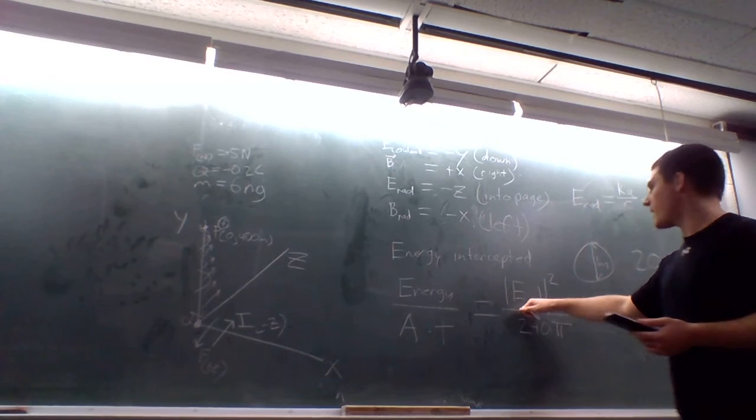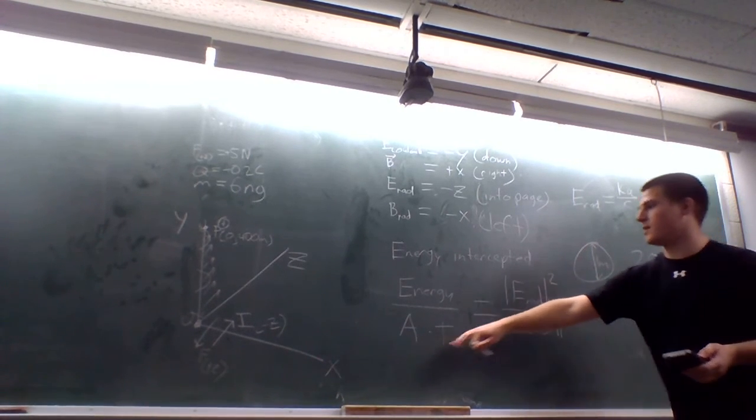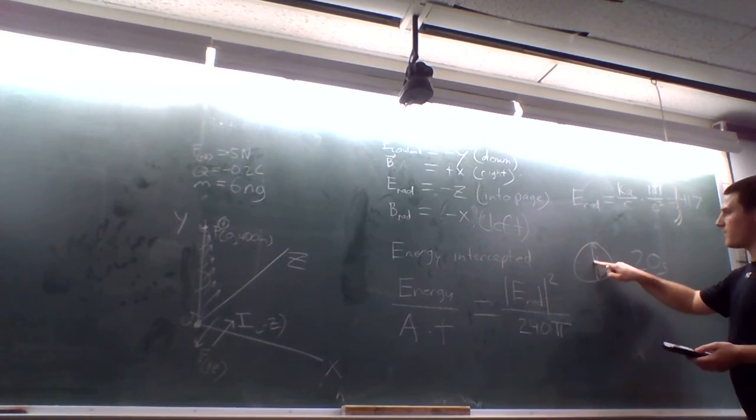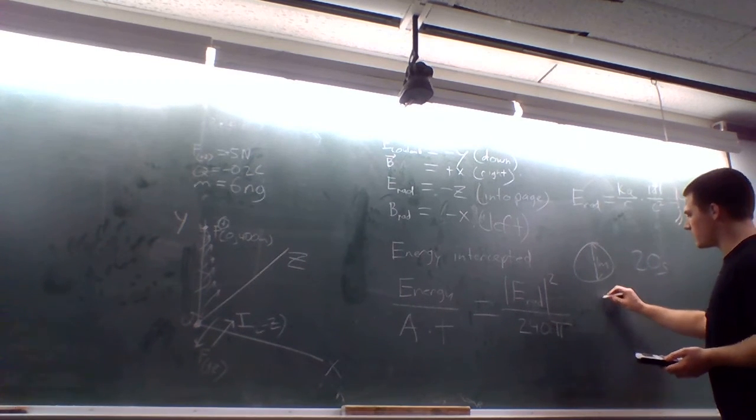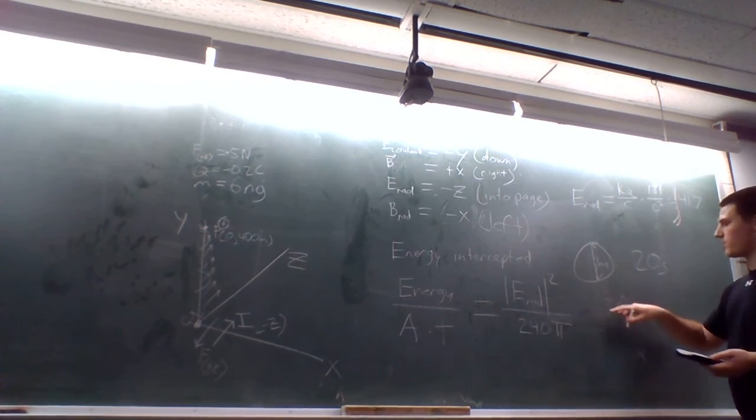So now that we have Erad, we can plug that in and find the area of the circle by doing pi r squared, with r being 0.5.